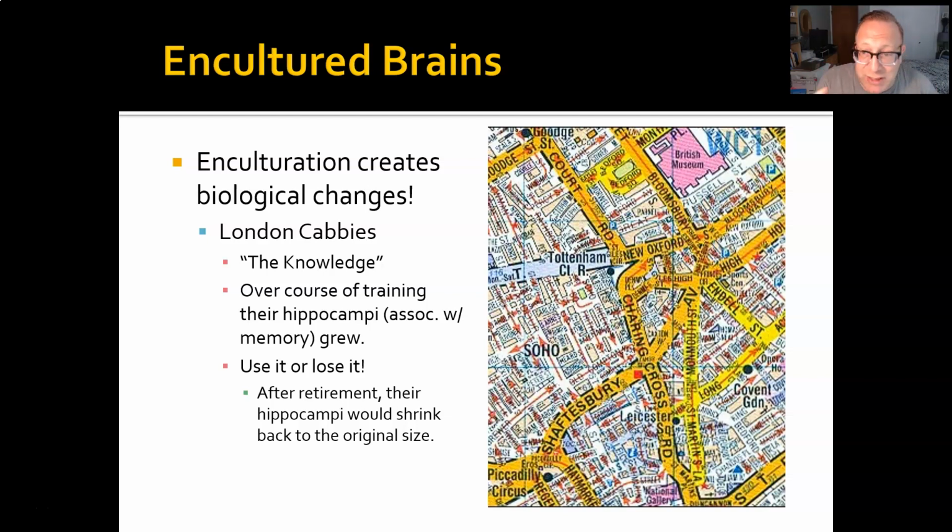Even more interesting, when they went to study retired cabbies, they found out that after cabbies retired, the further out from retirement they were, the longer they've been retired, the more their hippocampi shrunk back to its normal size.